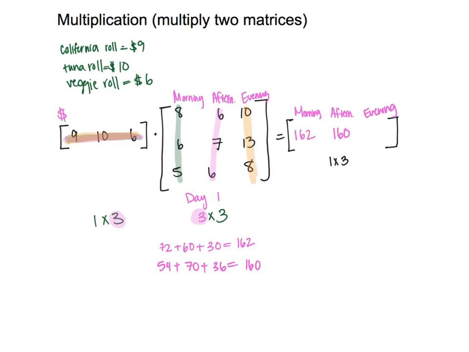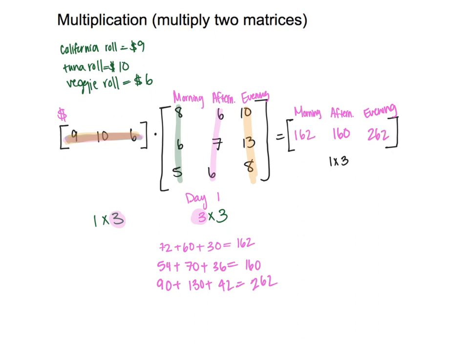So that means I have 9 times 10, which is 90, plus 10 times 13, which is 130, plus 6 times 8, which is 42. Now I'm going to sum all this up. 90 plus 130 plus 42. That's going to be 262. So I made $262 in the evening.